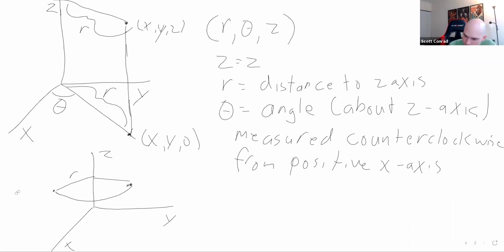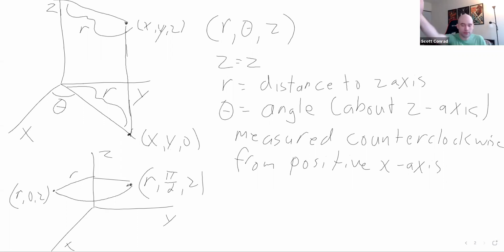So we fix an r, we fix a z. When theta equals 0, you're directly above the x-axis. When theta equals pi over 2, you're directly above the y-axis.